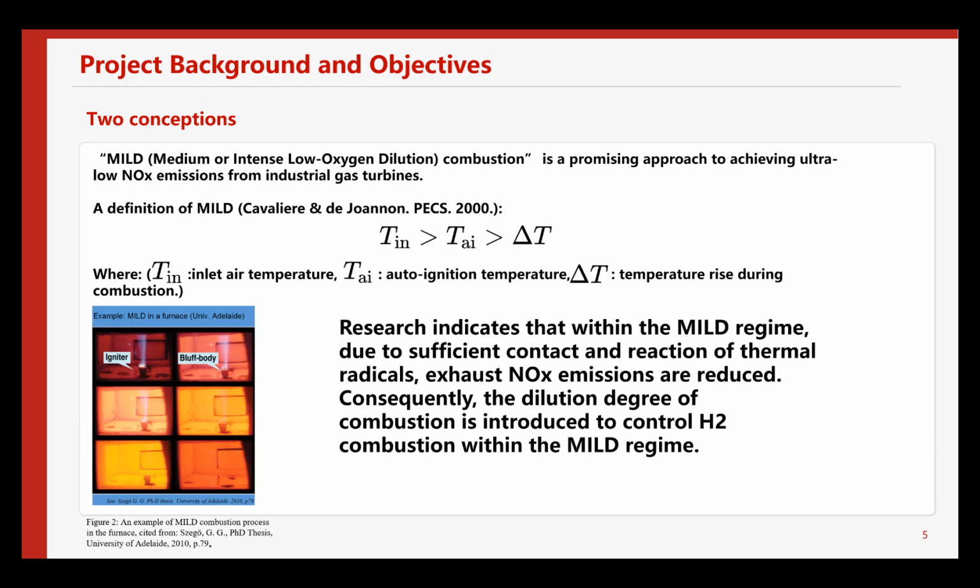So there is an idea of whether mild combustion is fit for hydrogen combustion. The definition of mild combustion is that the inlet air temperature is bigger than the auto-ignition temperature, which is bigger than the temperature rise during combustion.